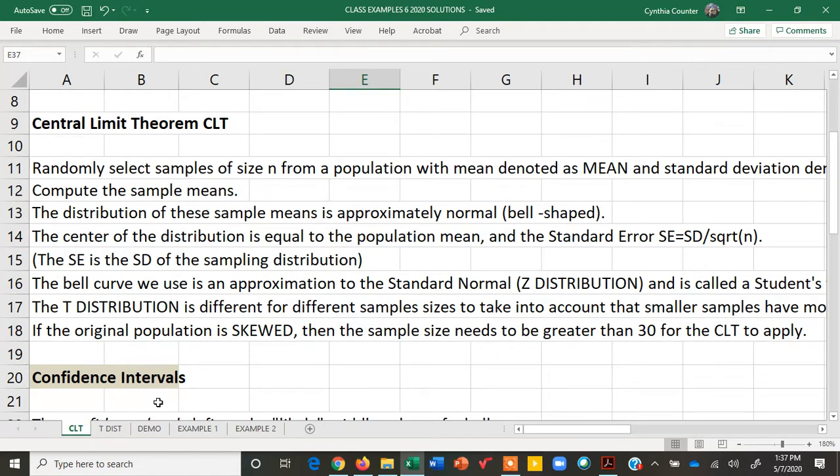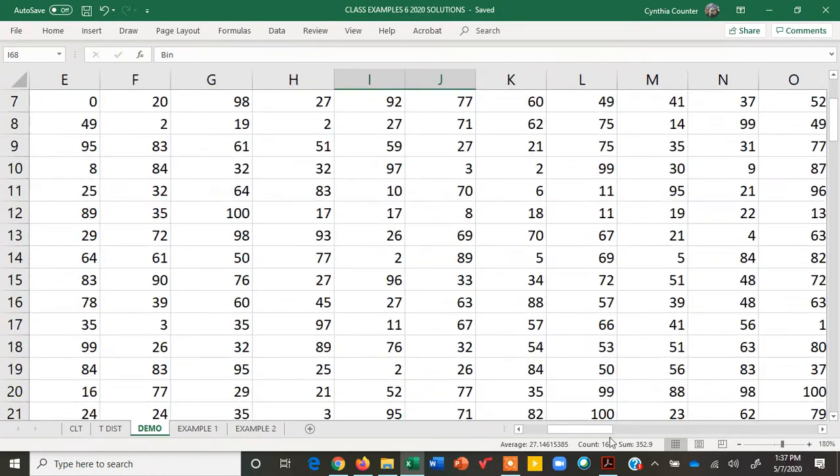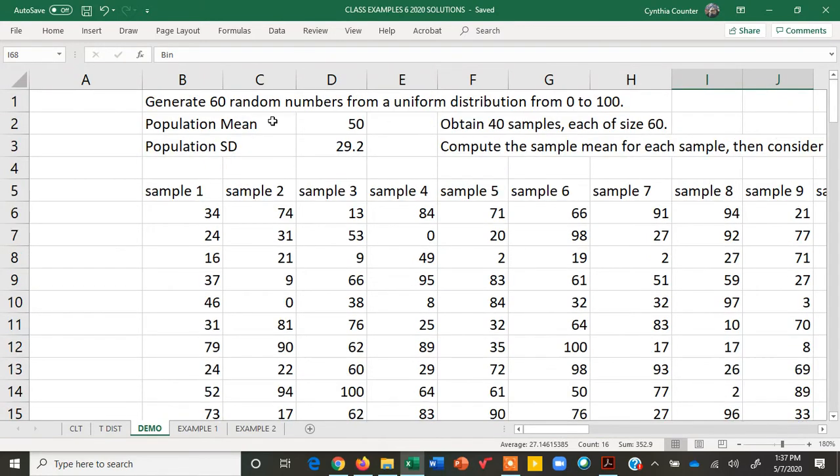So let me give you a little demonstration of what's going on here. Here I have an example where I have the computer randomly generate for me samples of size 60, and I did this 40 times. All right, so I want to estimate the mean.